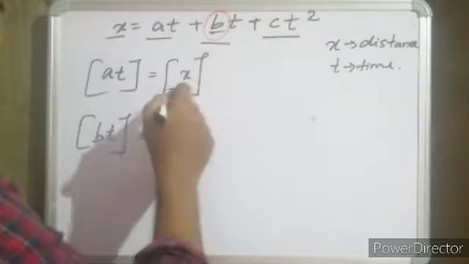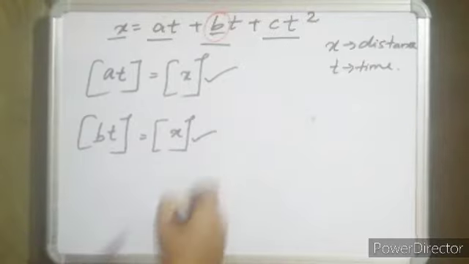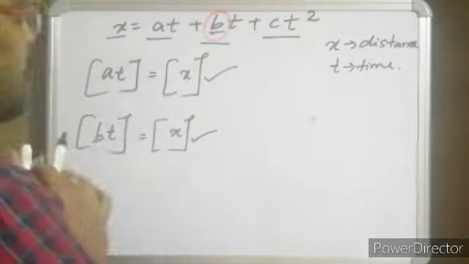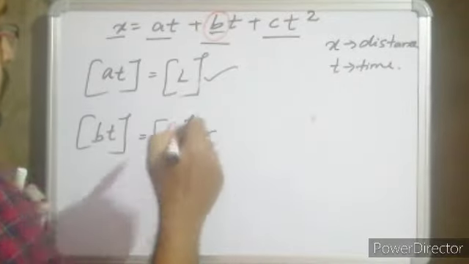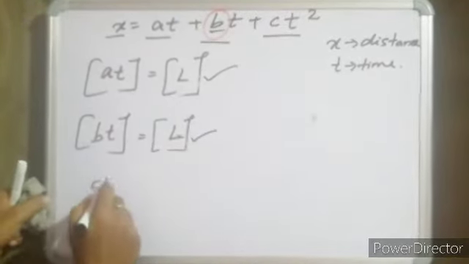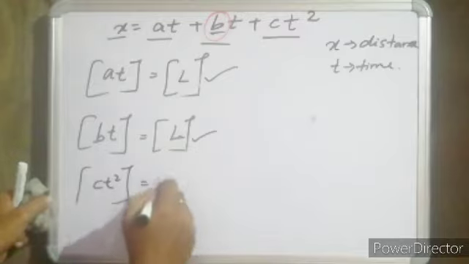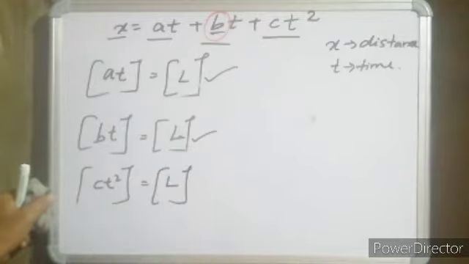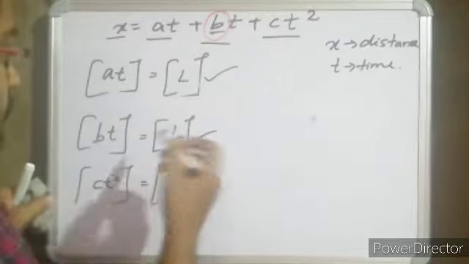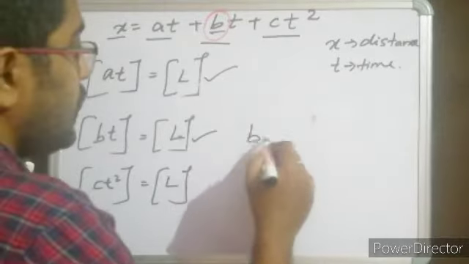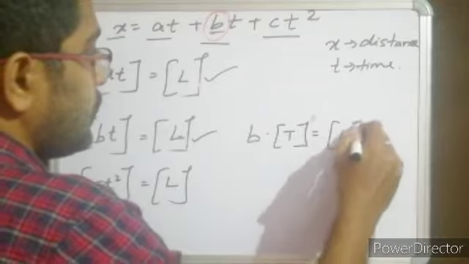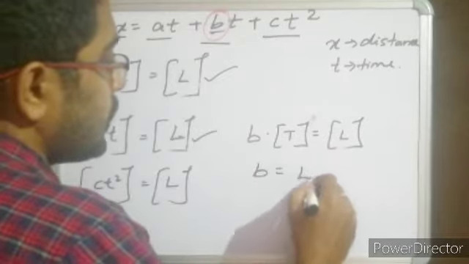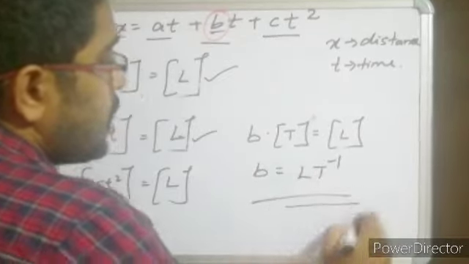The dimensional formula of x is L. And again the dimensional formula of ct^2 is also L. From this idea, t is time, so b into time gives L. Finally, b is nothing but LT^-1.